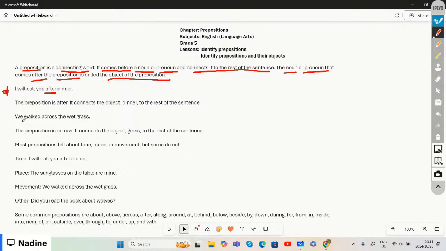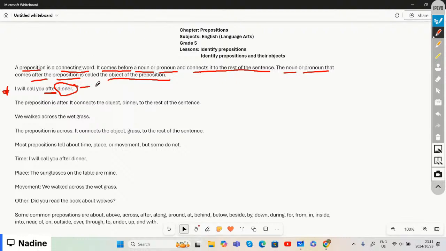So our preposition is after, and our noun is dinner.